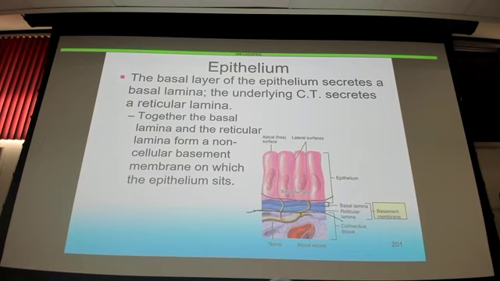In the skin, when we get below the skin layers, we get subcutaneous layers. That's a type of connective tissue. We're going to get there, but that layer is actually called the reticular portion, and it secretes the reticular layer. And together, they're called the basement membrane. It's just how it's anchored down.